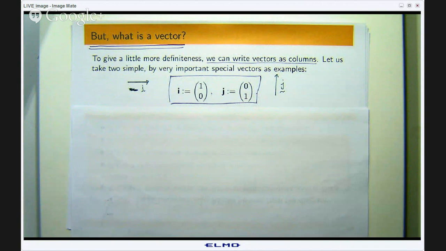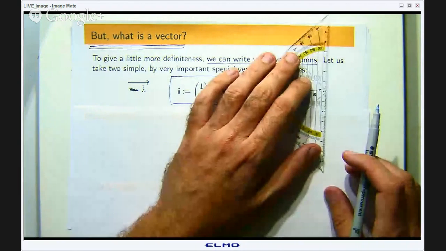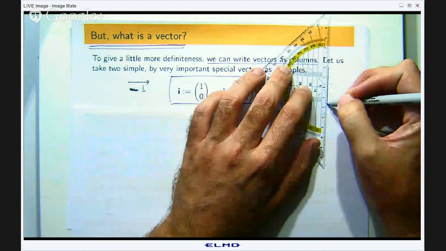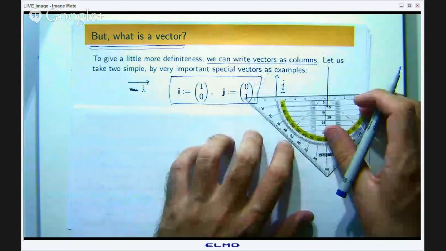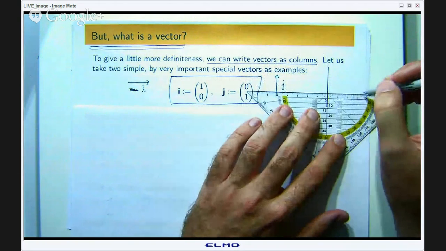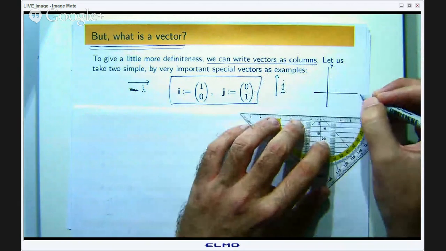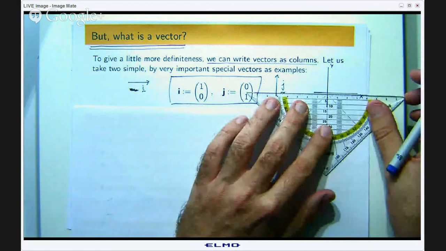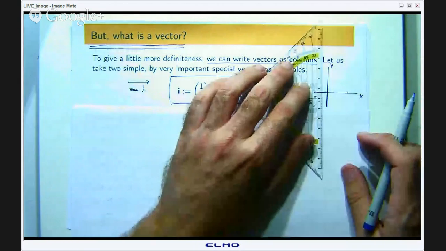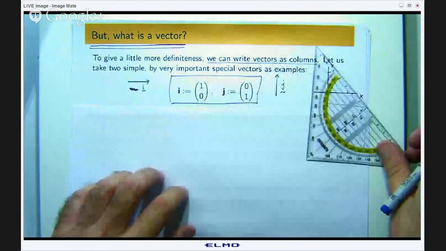Now, you might think, well, what does (1, 0) and (0, 1) have to do with anything? Well, if I draw part of the xy plane, so here's the vertical y-axis, here's the horizontal x-axis. And I go out 1 unit along the positive x-axis, and 1 unit along the positive y-axis.